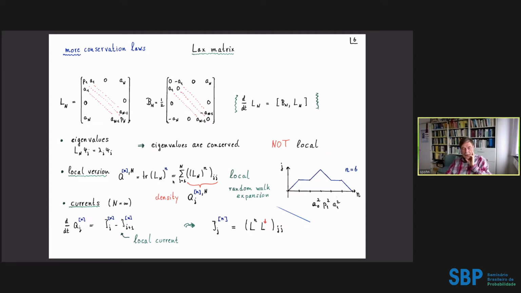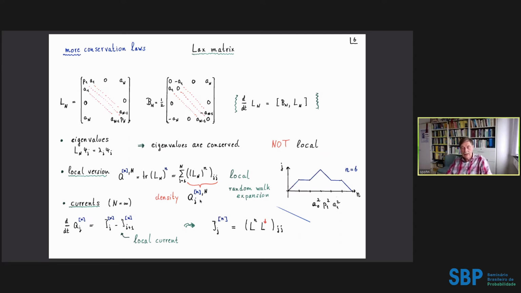If you write out the matrix elements, you sum from 1 up to n, and here's the jj matrix element. So you see that's obviously a density. This I call Qj, the density of that particular conserved quantity. Of course, this depends on all variables, but the Qj should be local. That's what I mean by having a local conservation law.